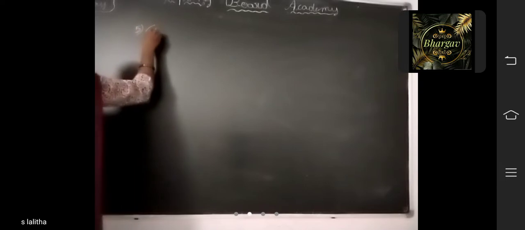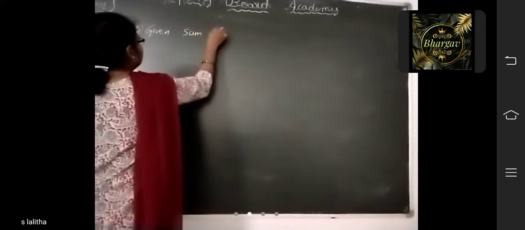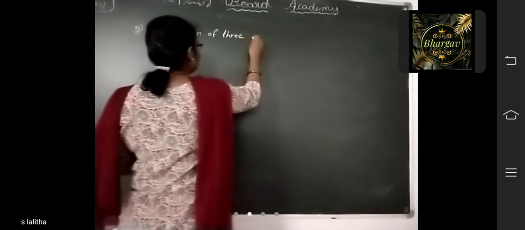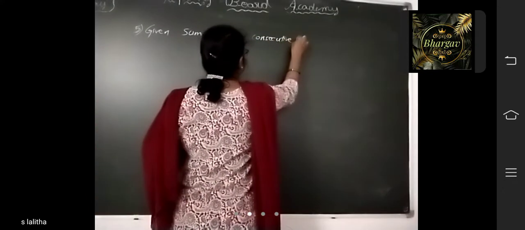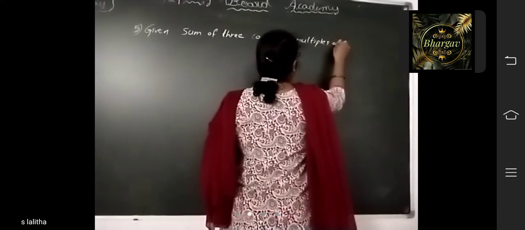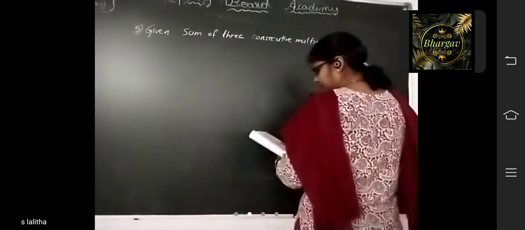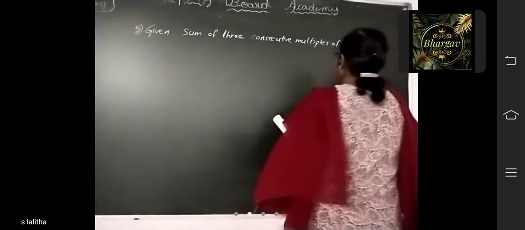So what is given? Given the sum of 3 consecutive multiples of 7 is 777.